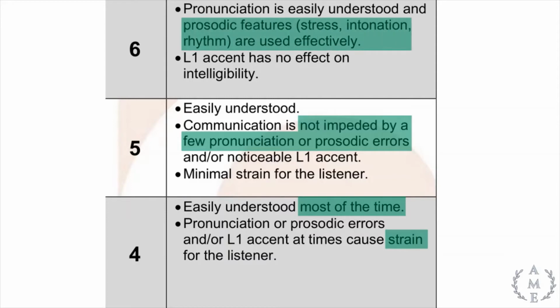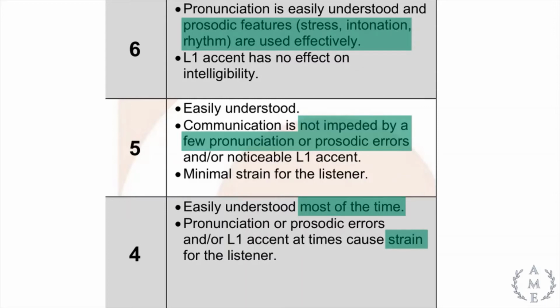And then to get the top band, a band 6, not only do you need to be easily understood all the time, but you also need to show an ability to use features of pronunciation like your intonation or the word you stress in a sentence to enhance your communication, right? To allow you to communicate more precisely or more effectively.